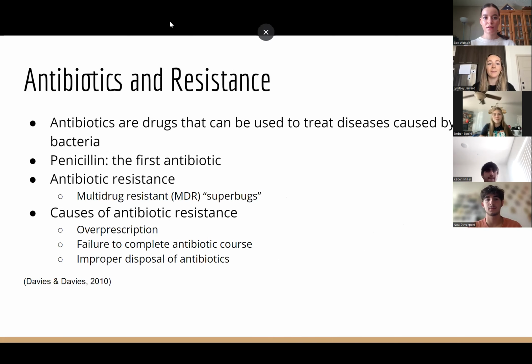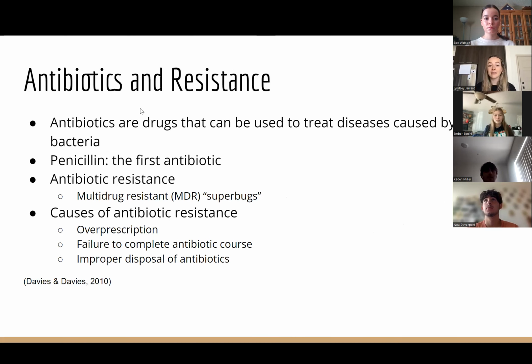Oh, there it goes. Okay, so antibiotics are drugs that can be used to treat diseases caused by bacteria. Penicillin was the first of these. We still have derivatives of it, like amoxicillin. Multi-drug resistant bacteria are called superbugs, and they're really dangerous because we're eventually going to run out of ways to treat them.